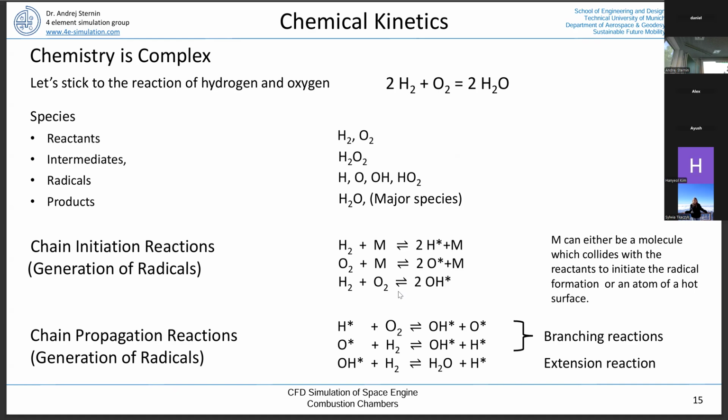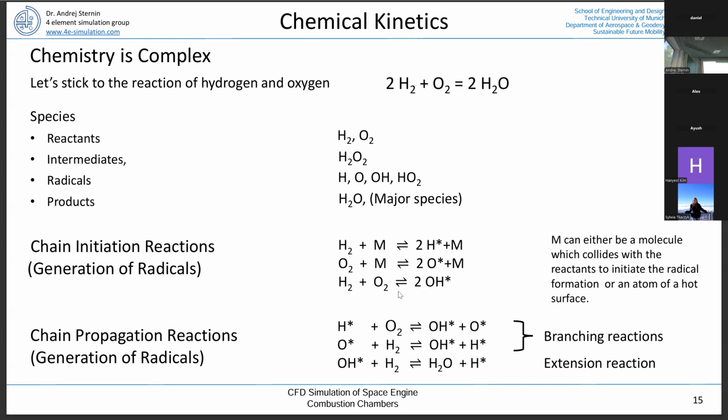A very important radical, HO2. So there is no direct route from hydrogen to water. We need those intermediate steps. That's definitely what's happening. And if we look into detail, M could be any partner who is a collision partner. This could be any type of molecules or radicals or whatever is in the particle soup.